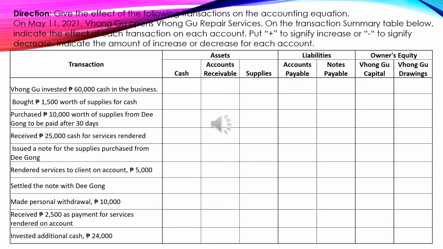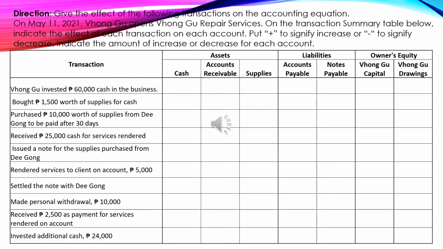And for transaction number 2, bought 1,500 worth of supplies for cash. Next, purchased 10,000 worth of supplies from Digong to be paid after 30 days. Next, received 25,000 cash for services rendered. And then for the next one, issued a note for the supplies purchased from Digong.